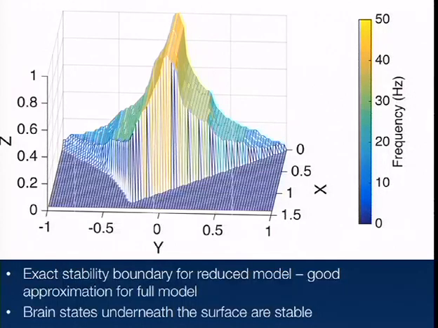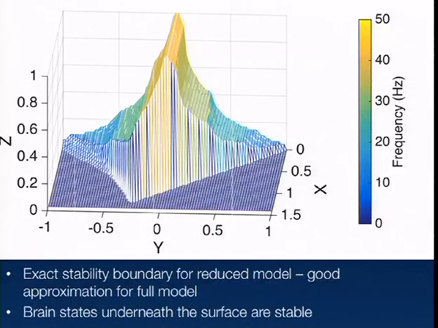And what we've found is that this approximation generalizes quite well to the full model, qualitatively and somewhat quantitatively giving us a good idea of what's going on in terms of the stability of the system. And all of the steady states in the model lie underneath this surface here. So they're all clustered around there from the previous slide.